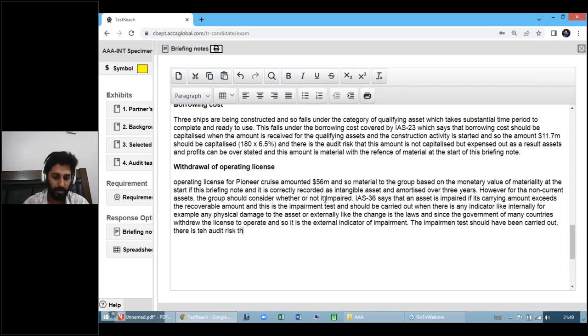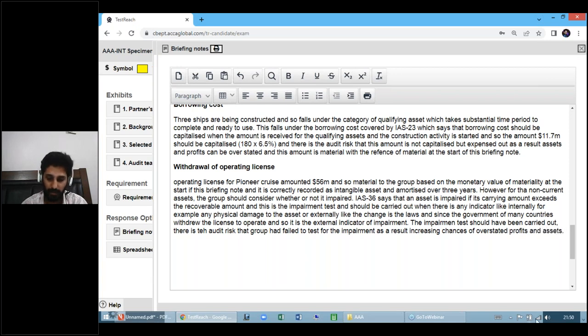There is the audit risk that the group did not test for impairment.